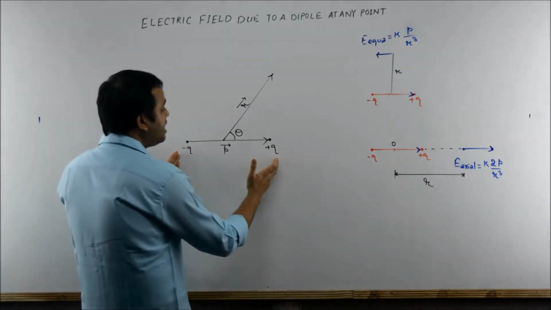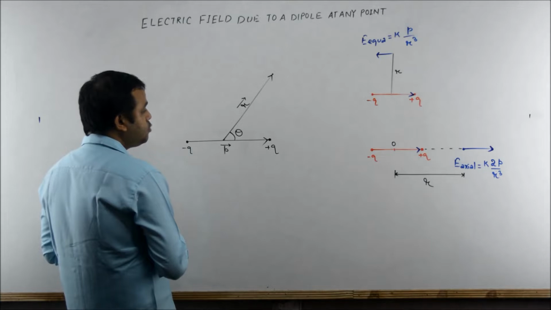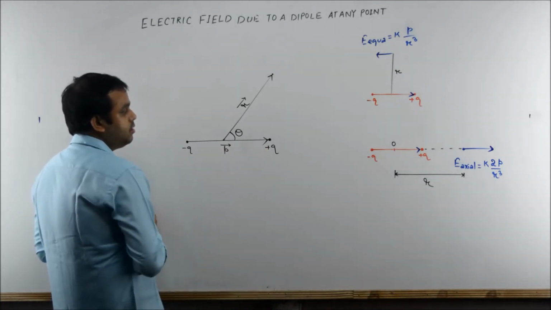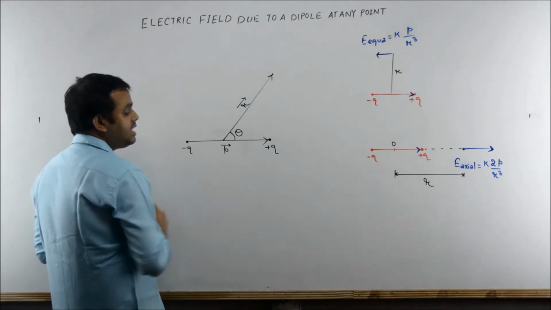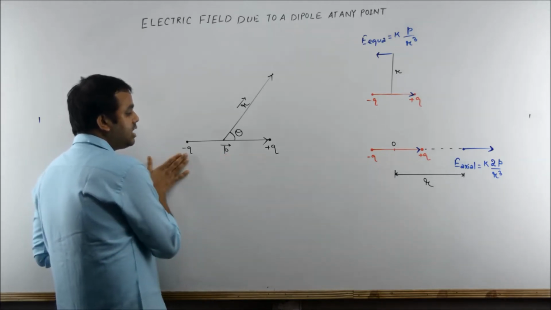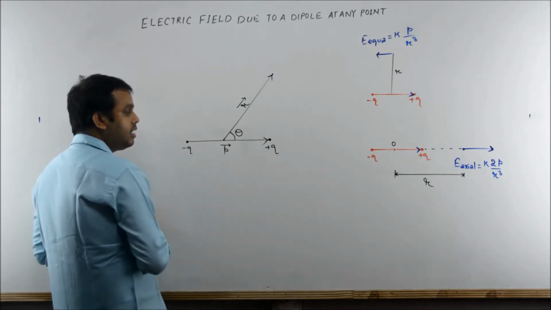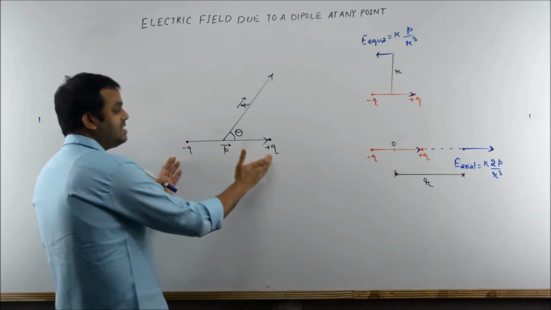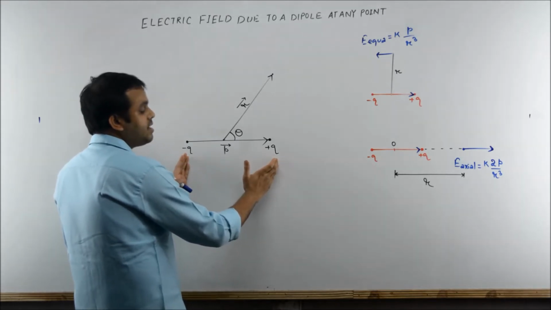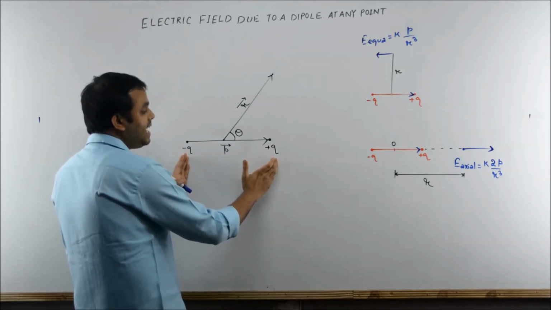So we are given a dipole where the two charges are minus q and plus q. And obviously, what is p vector? It is the dipole moment vector whose direction is from negative to positive. Clear? And these two charges are separated by distance twice a.